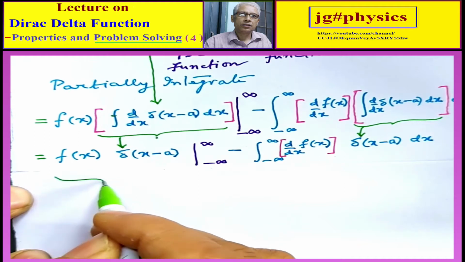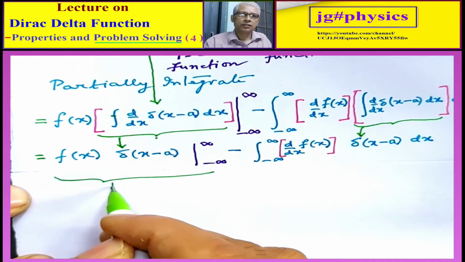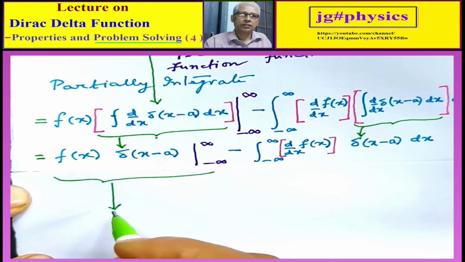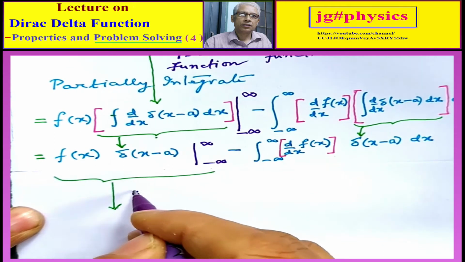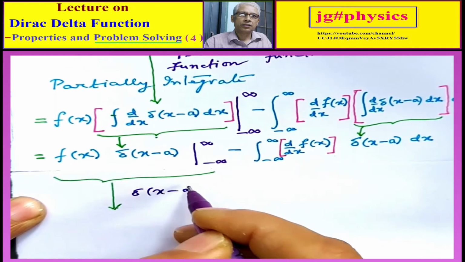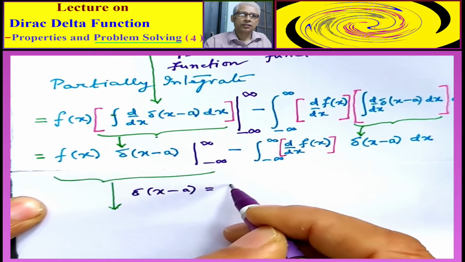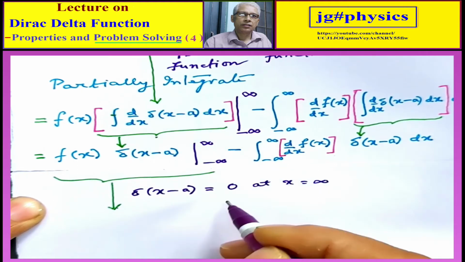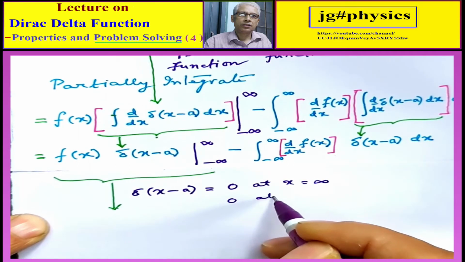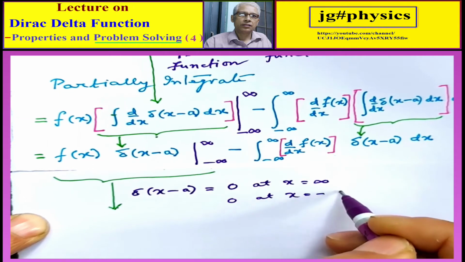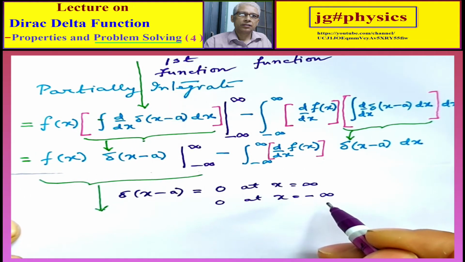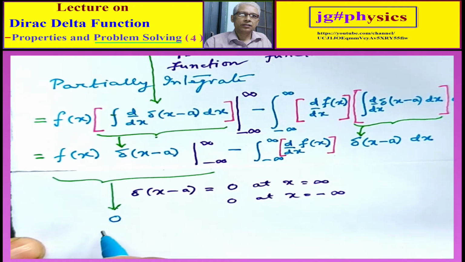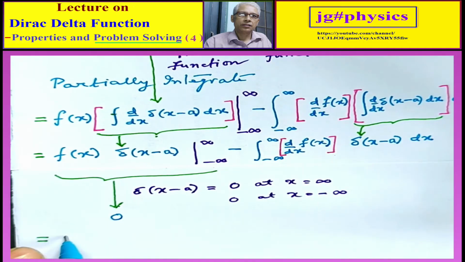Now we consider the first term that involves Dirac delta x minus a, which is 0 at x equal to plus infinity, 0 at x equal to minus infinity. We know that it is non-zero only at x equal to a. So the first term is 0. And we are left with the second term only.